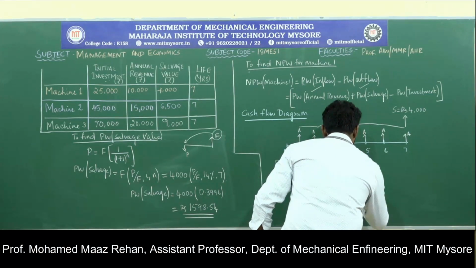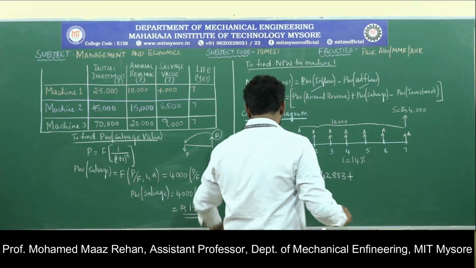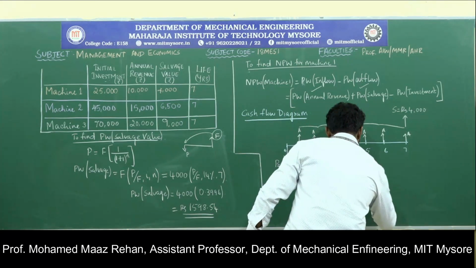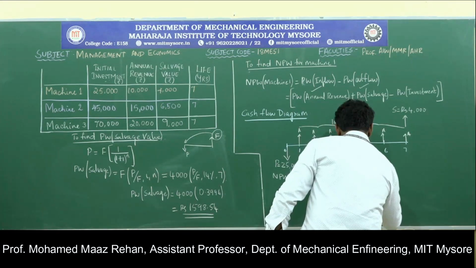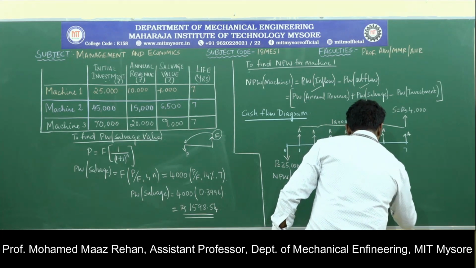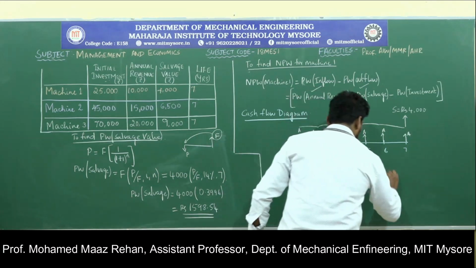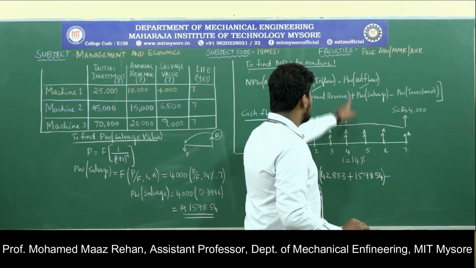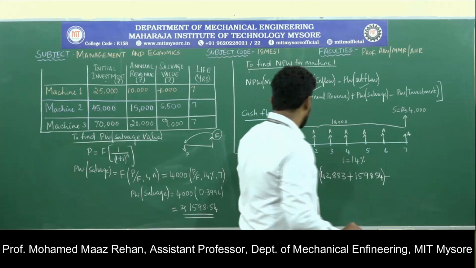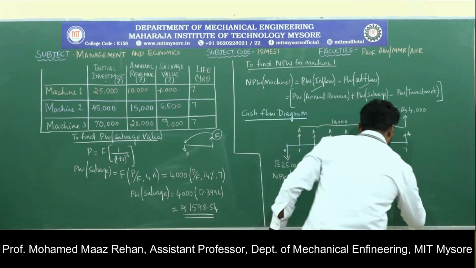42,883 plus what is the salvage value? We got it as 1,598.54 minus, so this is cash inflow minus cash outflow. How much is cash outflow? Cash outflow we have only one in this case, that is 25,000.